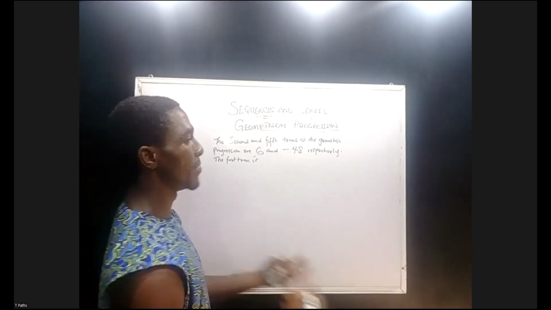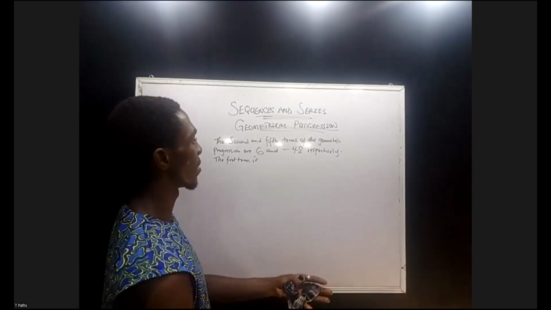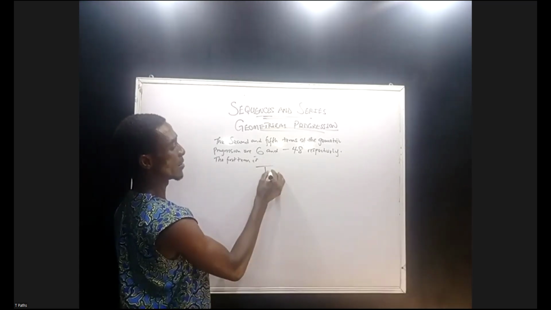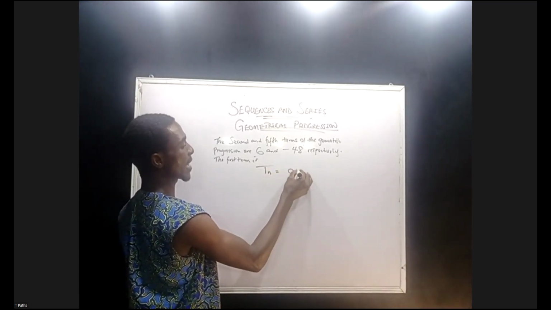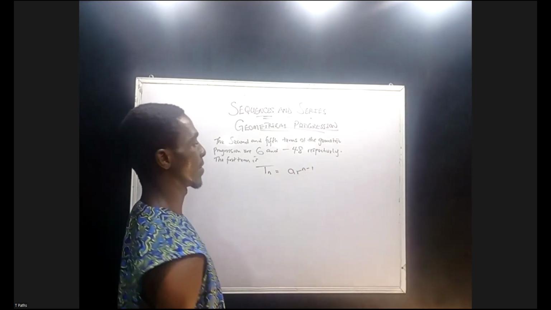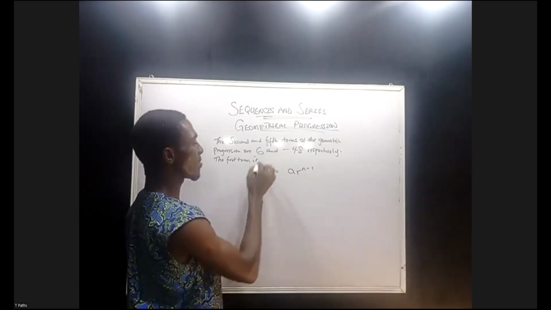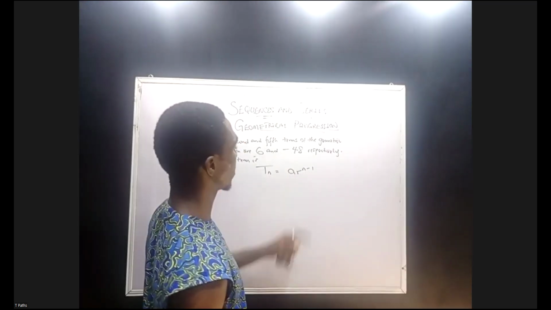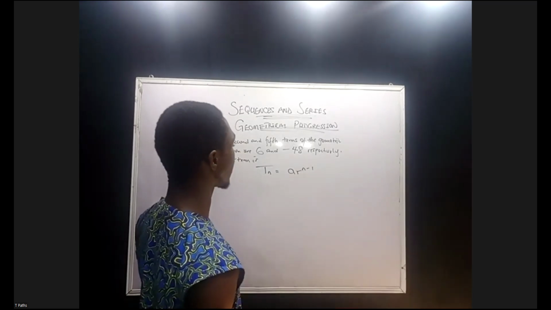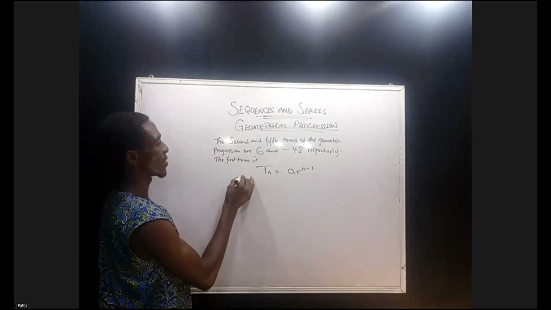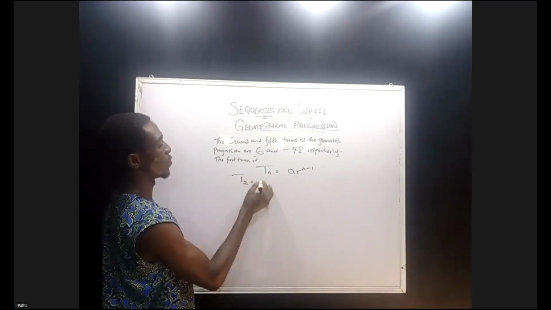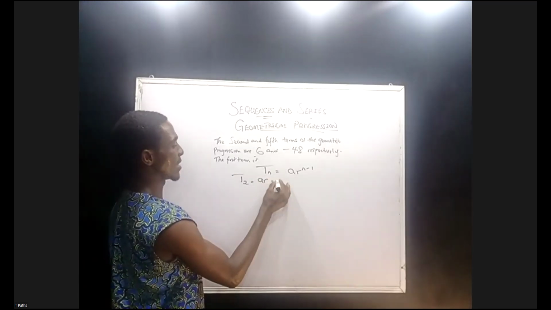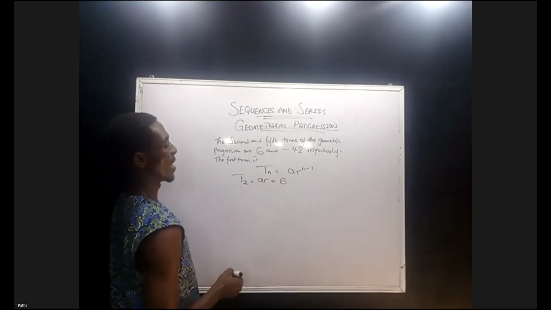And mind you, based on the knowledge of GP from our last class, we know that the general term for a GP, Tn, is given as AR^(n-1), where Tn is the nth term in the sequence, A is the first term, R is the common ratio, N is the position of the term. So we say the second term, T2, which is given as AR, is 6.